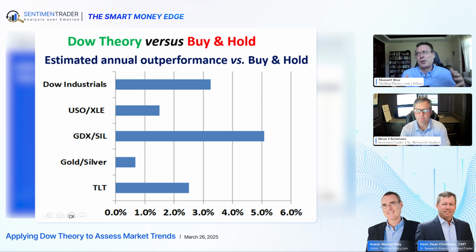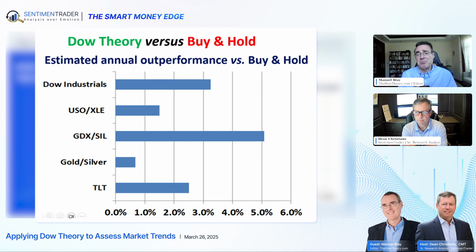But of course, I would take all this with a grain of salt. For me, it just shows that there is outperformance, and the future is not going to be like that. Maybe in the future GDX is going to perform less, but TLT is going to perform more. But when you have very different markets and you get outperformance in all of them, this tells you a lot, that you are really trading with something very solid.